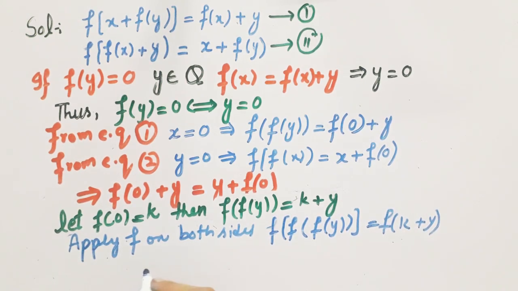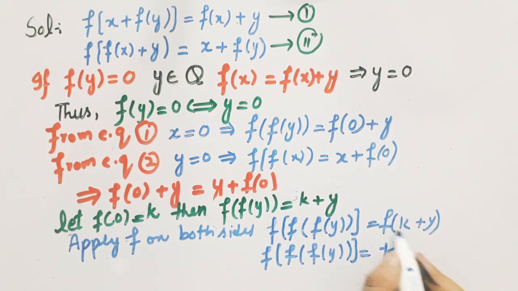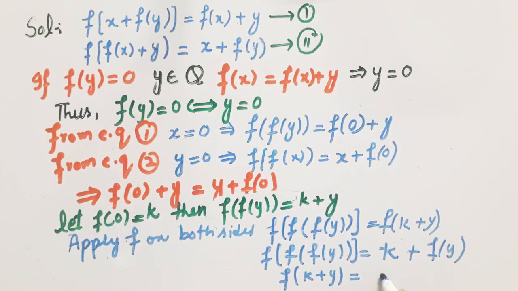So this implies that f(f(y)) = f(k) + f(y)... so we get that f(k + y) = k + f(y). This means f is linear with slope satisfied by k.